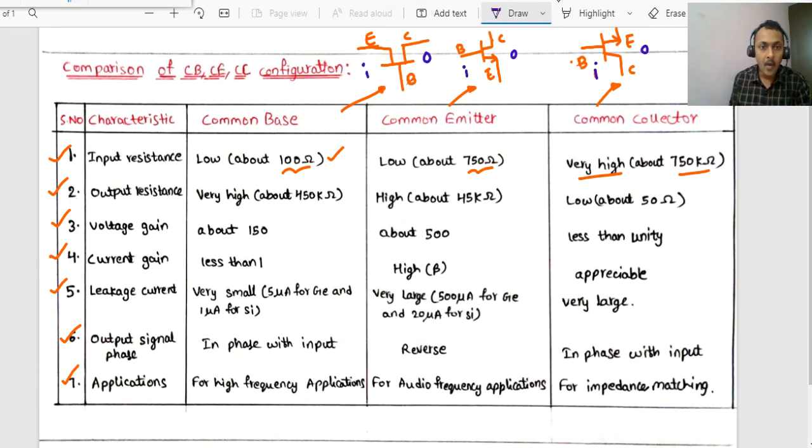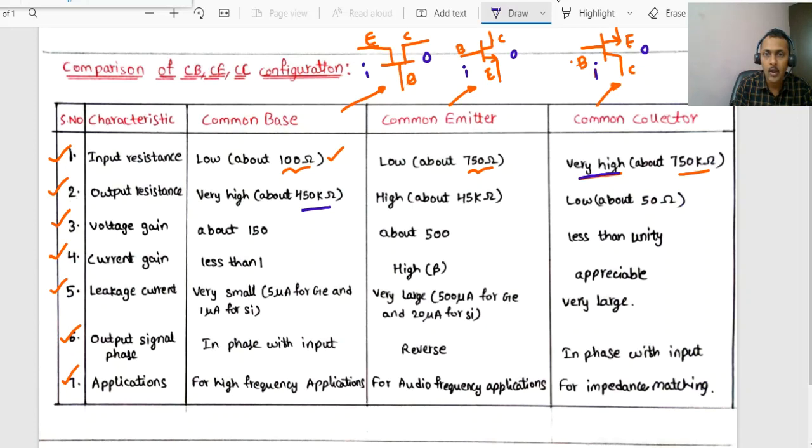So now the output resistance in common base configuration, that means across collector and base, is very high. That is the reason why in common collector, the resistance across emitter and base acting as input is very high. That is the reason why input resistance for common collector is very high. You can observe here.